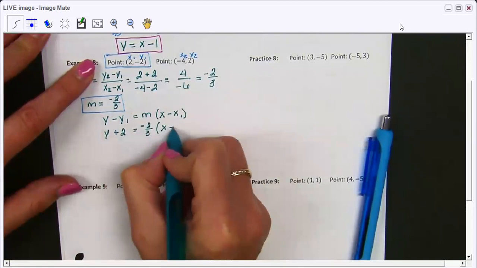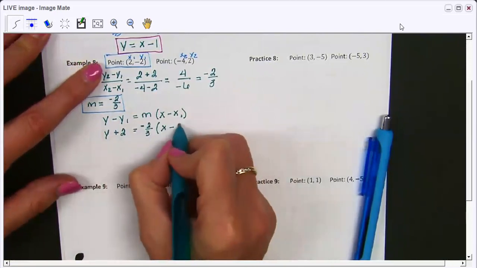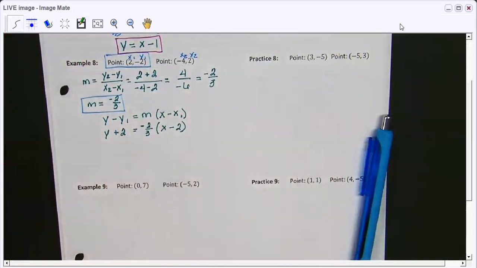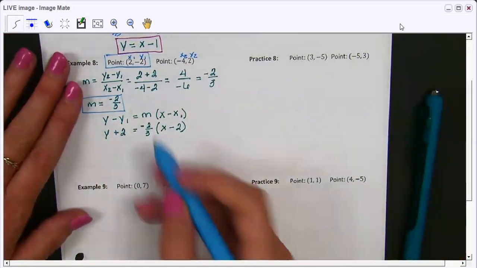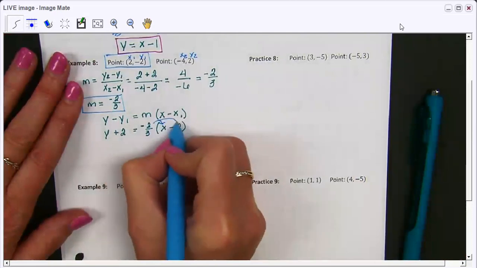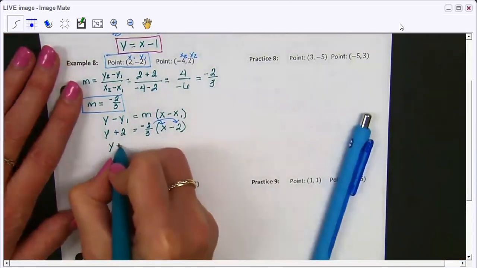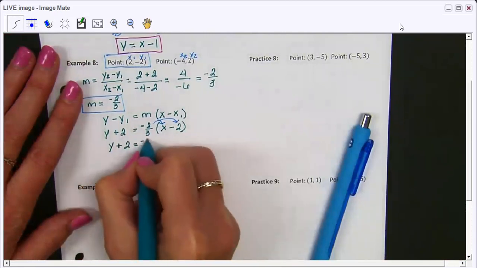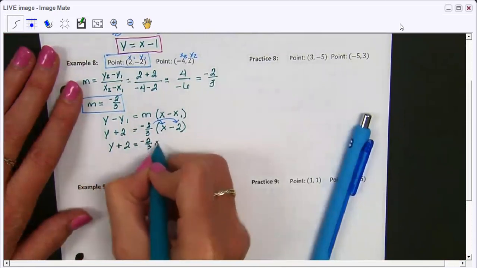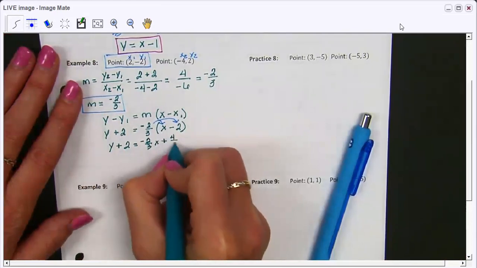We have x minus 2. So we get to solve some fractions again. We're going to distribute this -2/3, and we have y plus 2 equals -2/3 x plus 4/3.